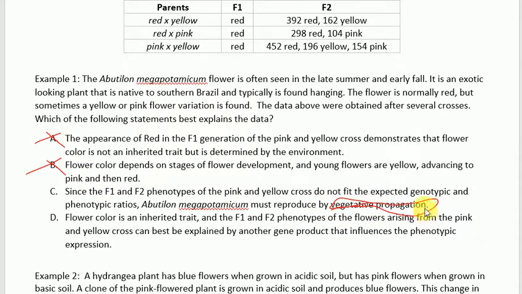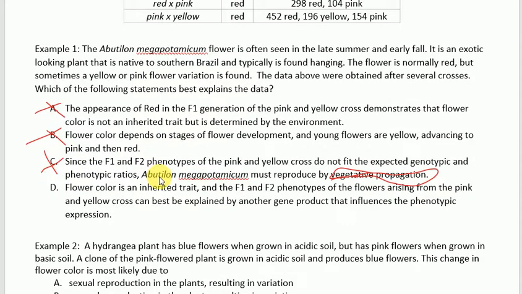If there is something that you do not recognize, you have to trust that we have talked about everything that AP covers. So we're getting rid of this. And then D, flower color is an inherited trait, and the F1 and F2 phenotypes of the flower arising from the pink and yellow cross can best be explained by another gene product that influences the phenotypic expression. So we're going to go with D.